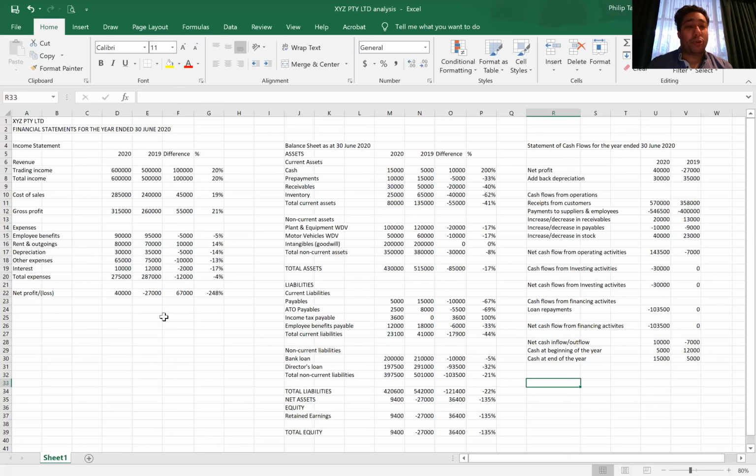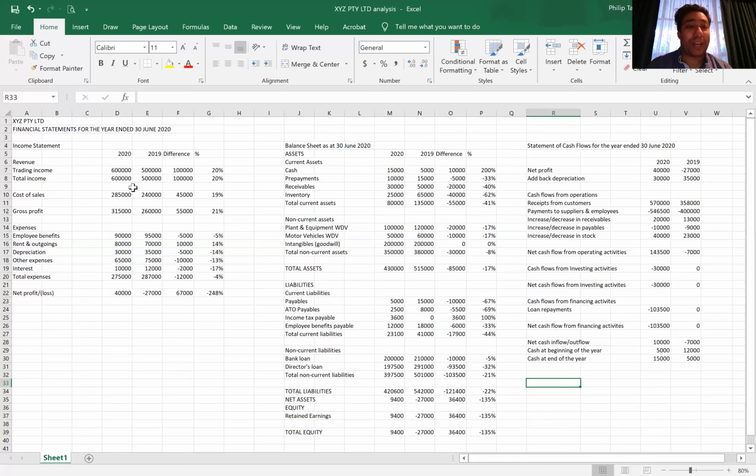Now, whether that's a good thing or a bad thing, it's up to each and every one of you to interpret that. Maybe the director may be looking at a 40% increase in income. And if the income increased only by 20%, it has not met the director's expectation, and therefore it has not performed in accordance to the director's expectation.